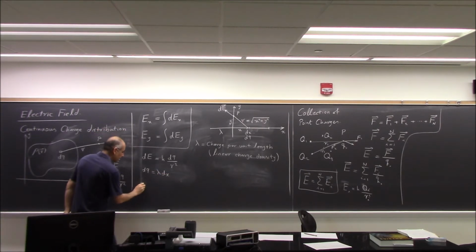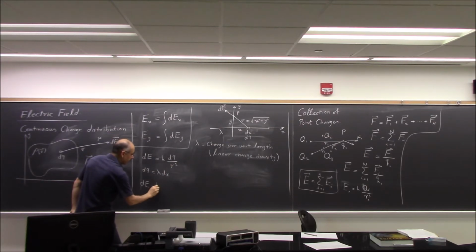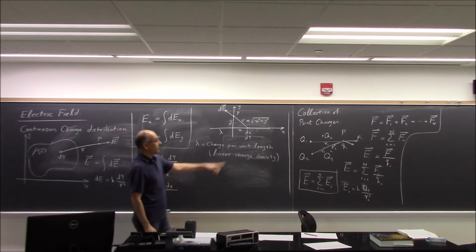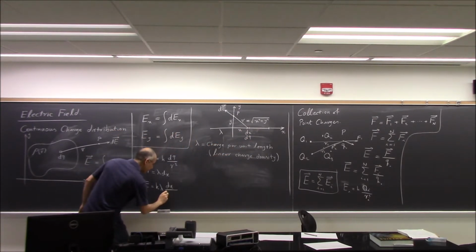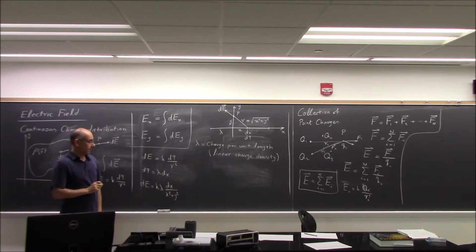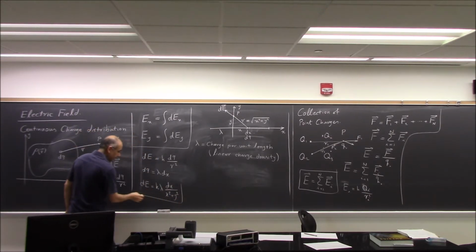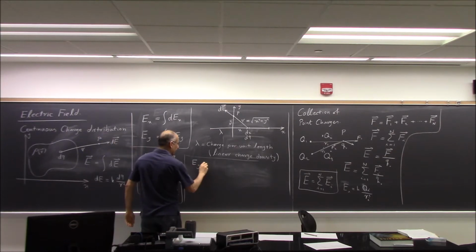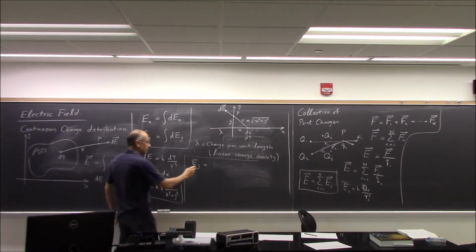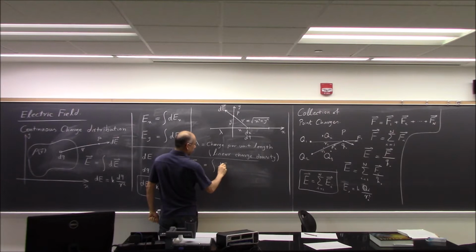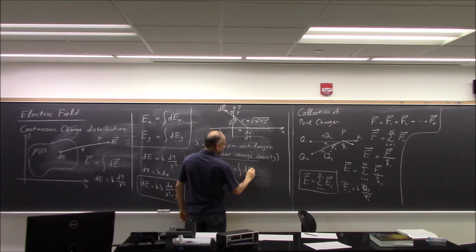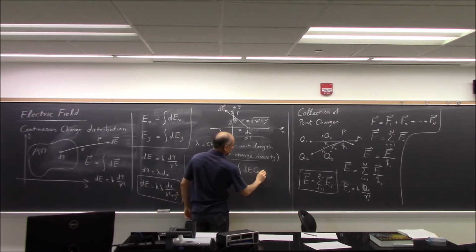So dE, if you replace this here, becomes k lambda dx over r squared, which is x squared plus y squared. So far, this is the dE magnitude. Ey is the integral of dEy, the integral of dE magnitude times cosine theta.